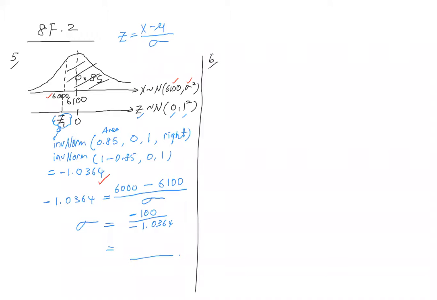So the answer is 96.5. When you talk about money, it's good to put 2 decimal places for it. Okay, can you please do number 6 by yourself? Write down in your paper properly.